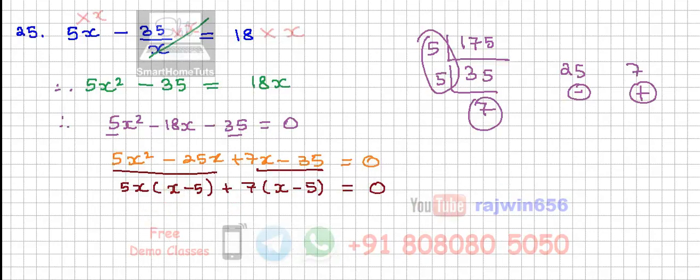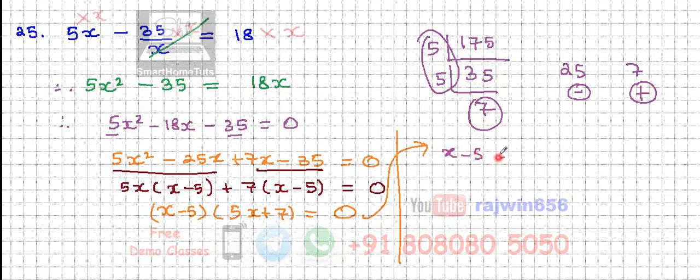So I'm going to factorize this. This is going to give me x minus 5, and in the other bracket we have 5x plus 7 is equal to 0. So x minus 5 is equal to 0, or 5x plus 7 is equal to 0.